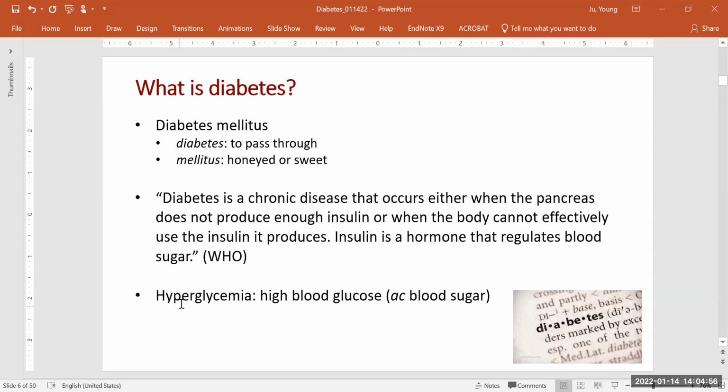Hyperglycemia refers to a condition of high glucose, also called the sugar level, in the blood, and is a common effect of uncontrolled diabetes. Over time, it leads to very serious damage to many of the body's systems, especially nerves and blood vessels. I'll talk more about these complications later.